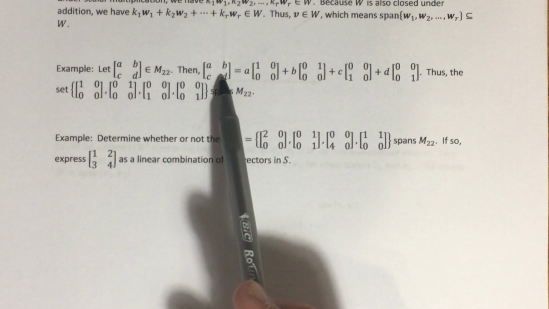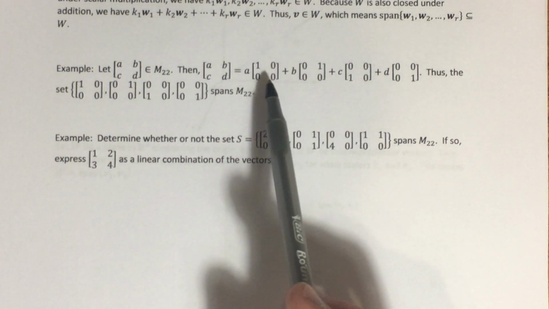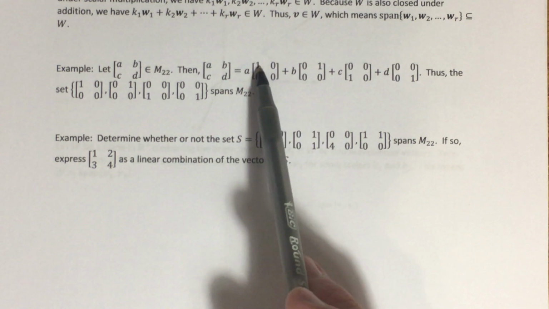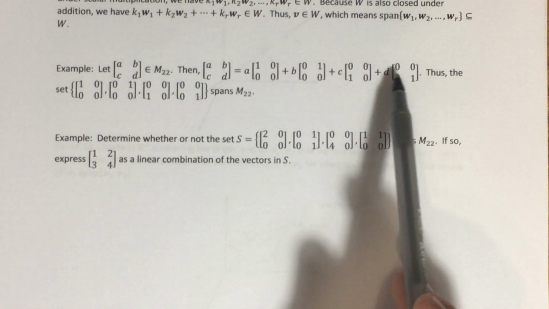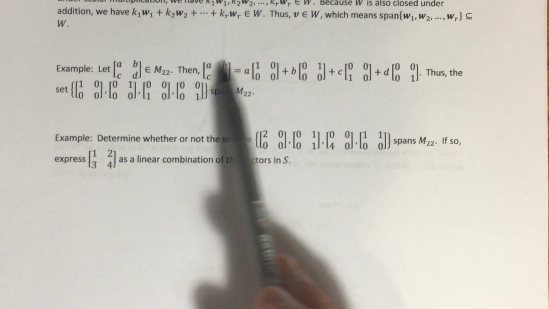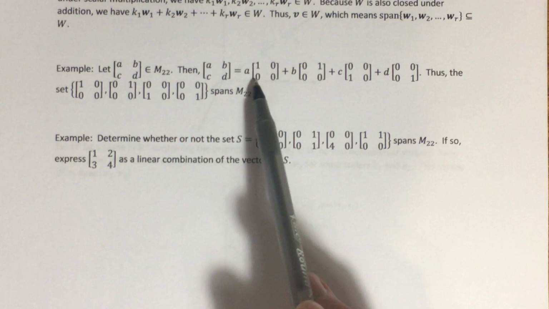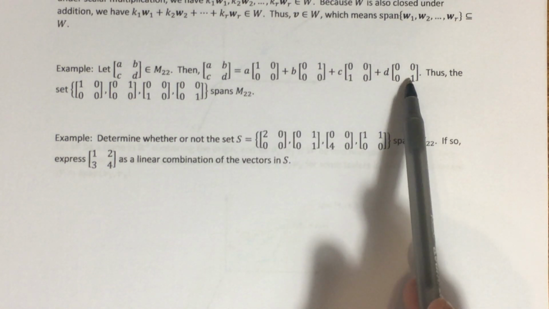I can decompose this into a linear combination of simpler matrices by writing it this way. Notice each of these matrices has a 1 in one entry and zeros elsewhere. So a 1 here, 1 here, 1 here, and 1 here. And I pulled the scalars that I was having as entries here out, so that what I have is a linear combination of these four matrices.